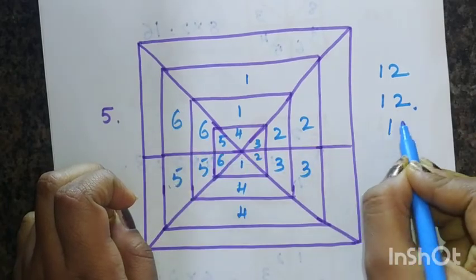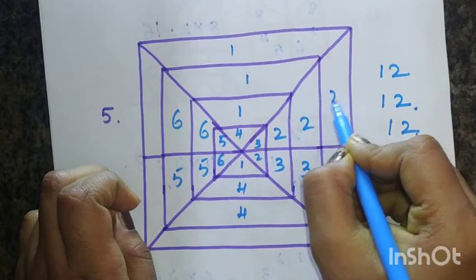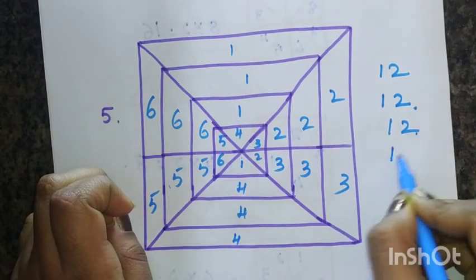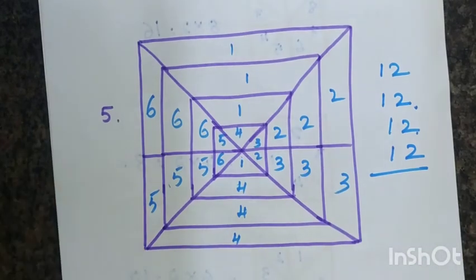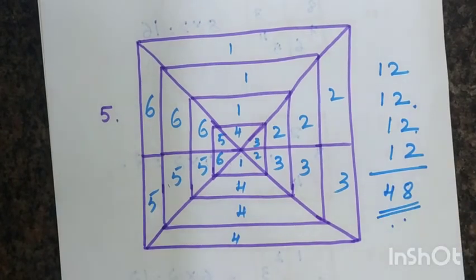So hence again 12. Now this square. 1, 2, 3, 4, 5 and 6. So hence 12. So 12, 4 times, 48. Yeah, so we have 48 triangles. So in this way, we solve type 2 also.